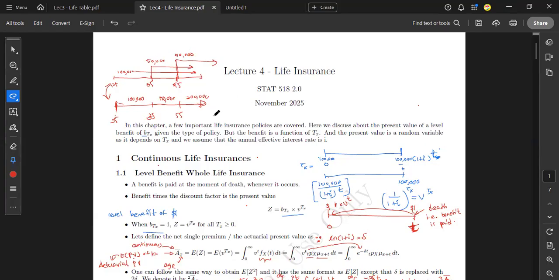So the same portfolio or the same insurance can be replicated using three different insurance products.